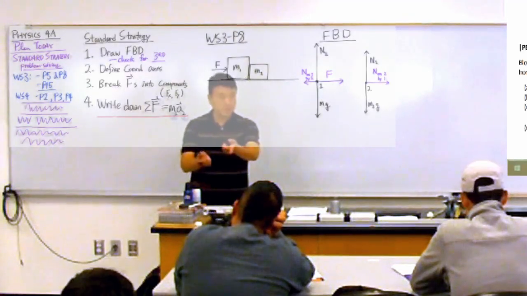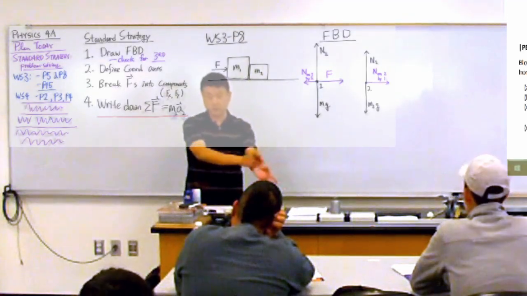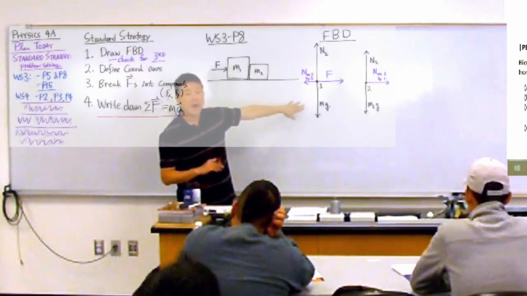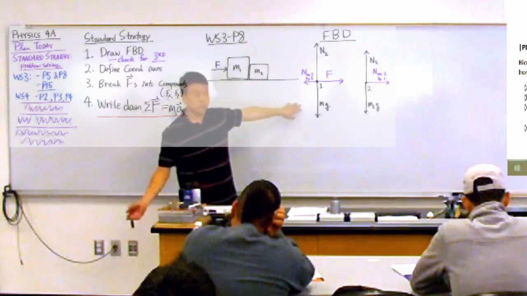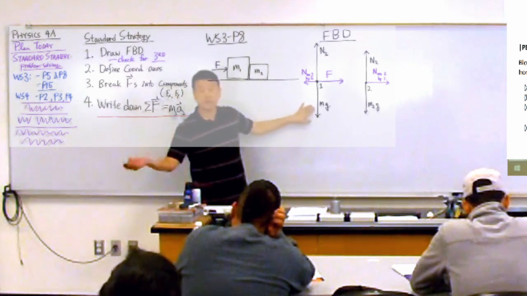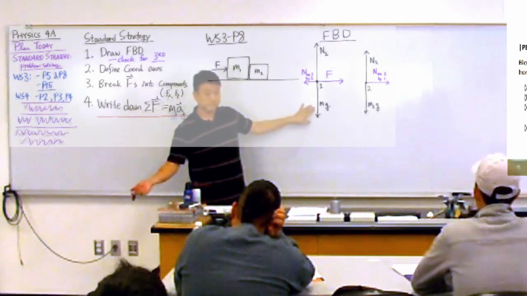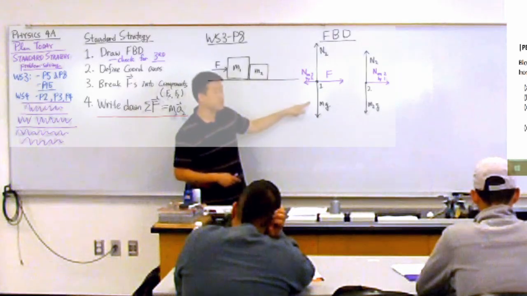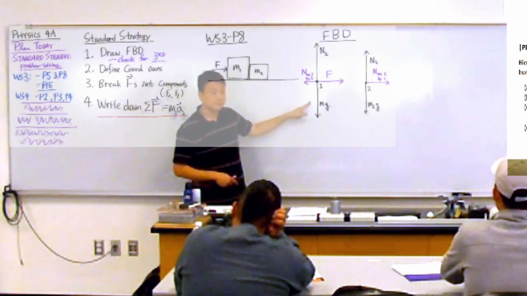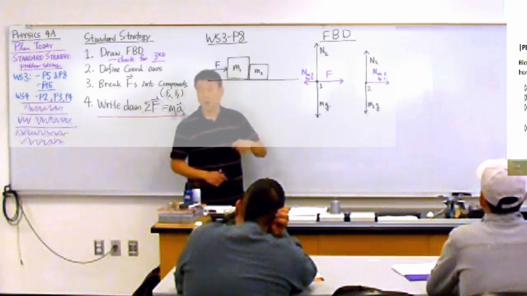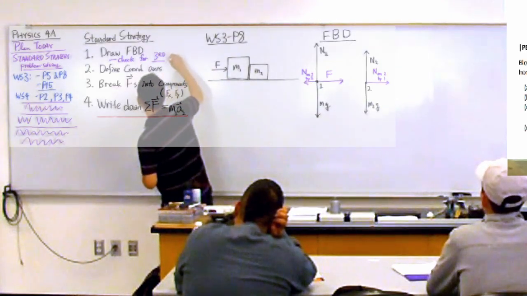Newton's third law says that for an action force, there's a reaction force. So for every force here, I have to know where the reaction force is. For example, for this gravity, where's the reaction force? Normal force is not the reaction force. How do I know these two are not action-reaction pairs? They are on the same object, so they cannot possibly be. The third law is the law of interaction.